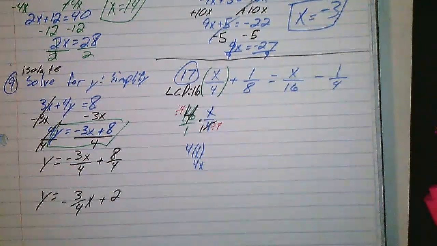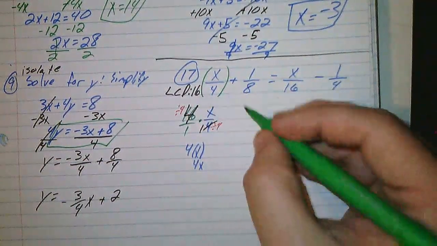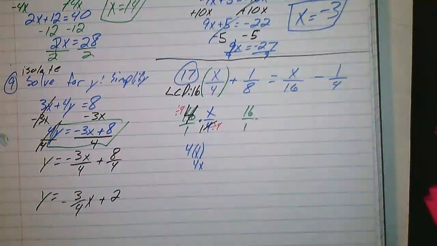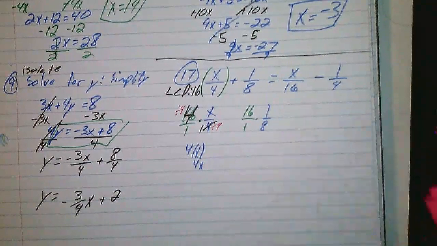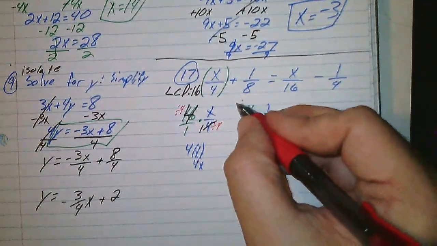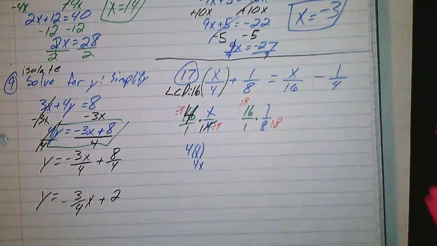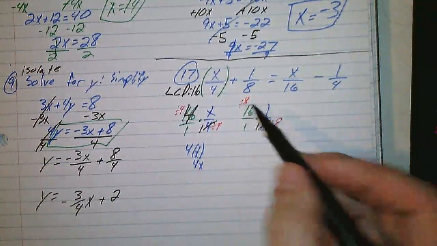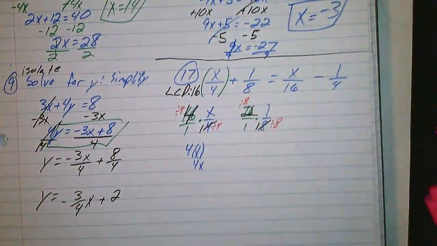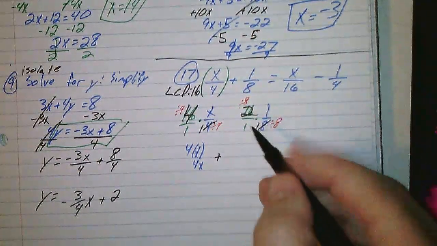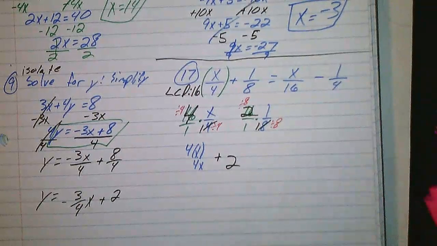Multiply the next piece. We're multiplying everything by 16. So 16, or 16 over 1, times 1/8. If there's no variable, you can just put it in the calculator. But here, we just divide the denominator so that the denominator becomes 1. And 16 divided by 8 is 2. So what we really have is a positive, just 2, no variable.